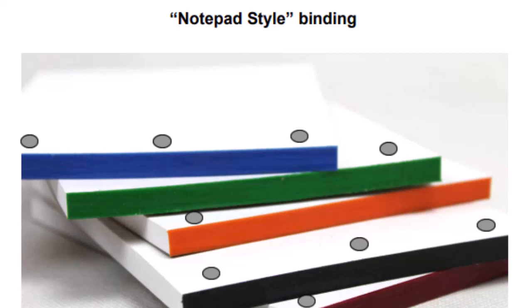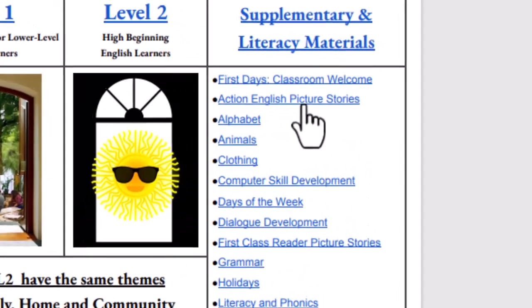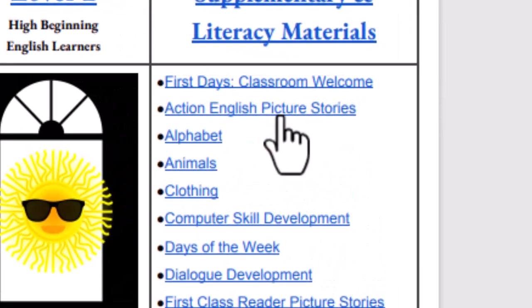Students can remove pages from the binder to turn in for assessment and then replace them in order. With the do-it-yourself option, for the same results, you would 3-hole punch your handouts, and students then keep those in their binders.